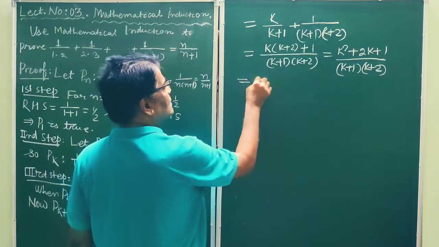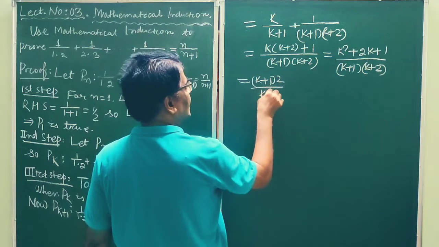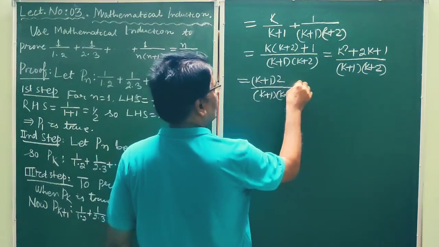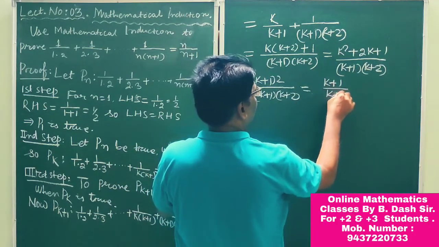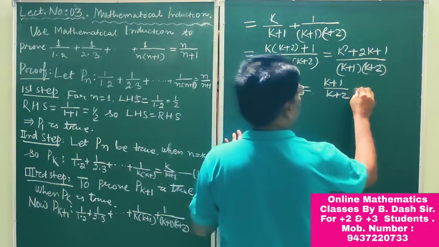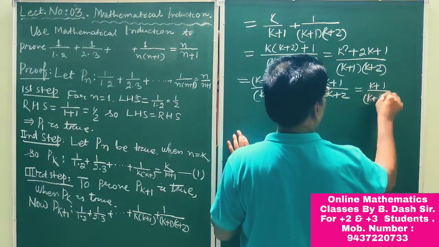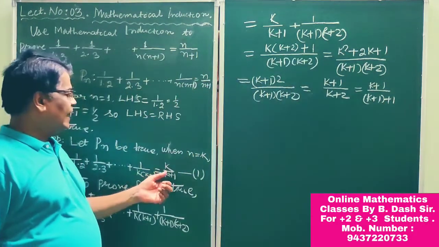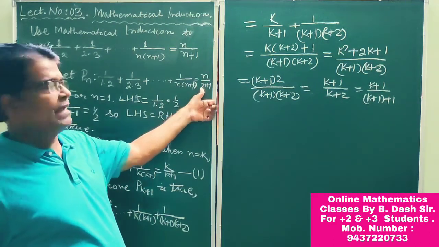This is equal to k plus 1 whole square by k plus 1 into k plus 2. And again this is equal to k plus 1 by k plus 2, which can be written as k plus 1 by k plus 1 plus 1. So in place of n, we are getting k plus 1 by k plus 1 plus 1.